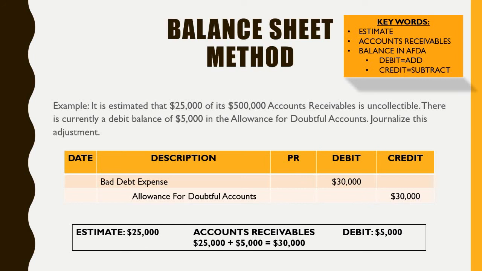Because I already have a debit balance, I need to add 5,000 more plus my 25,000 to make my balance scale reflect that I have 25,000 on the credit side in the allowance for doubtful accounts account.